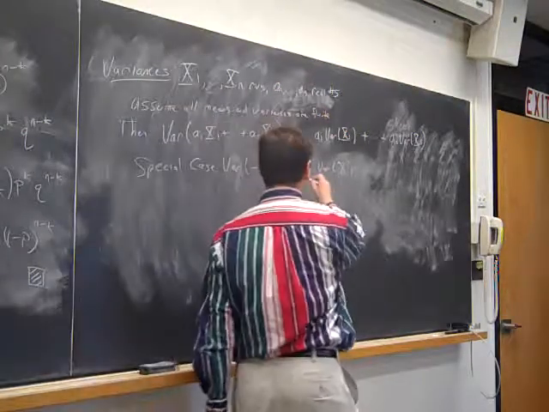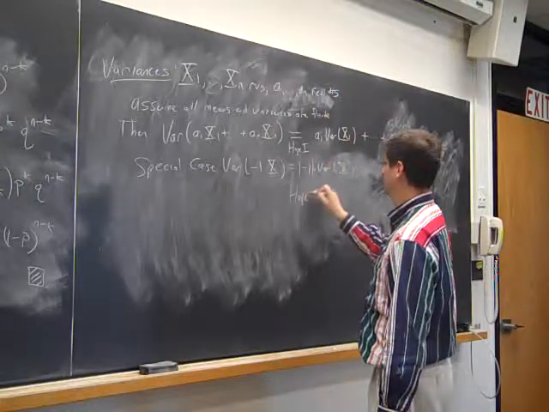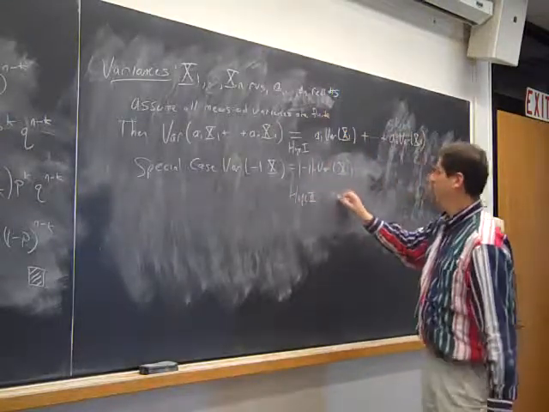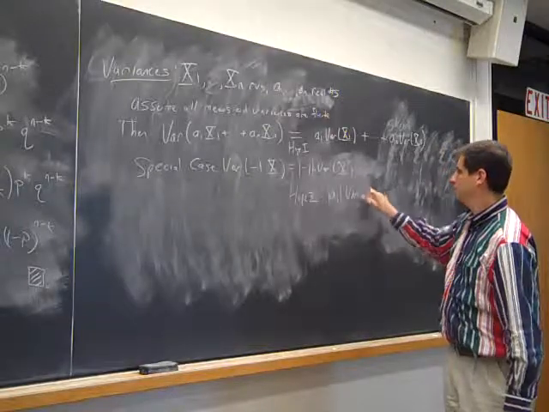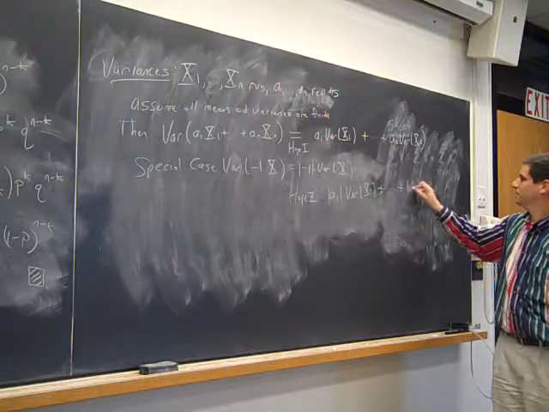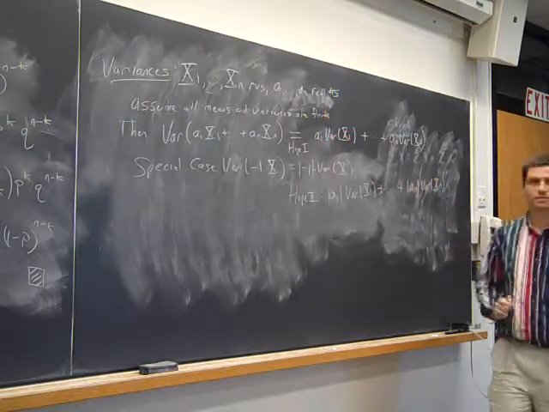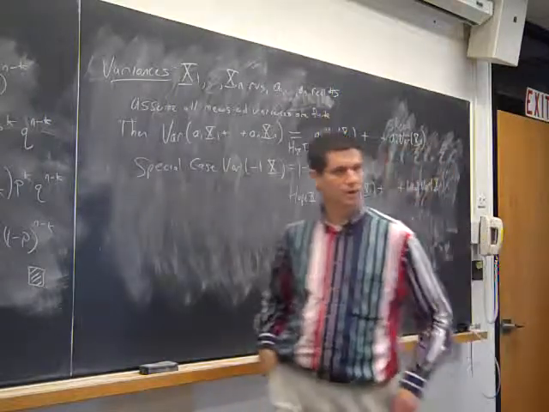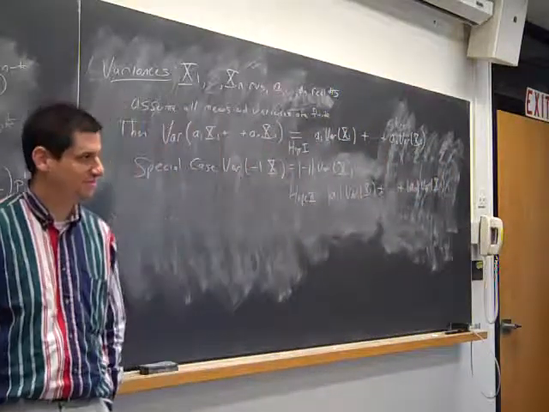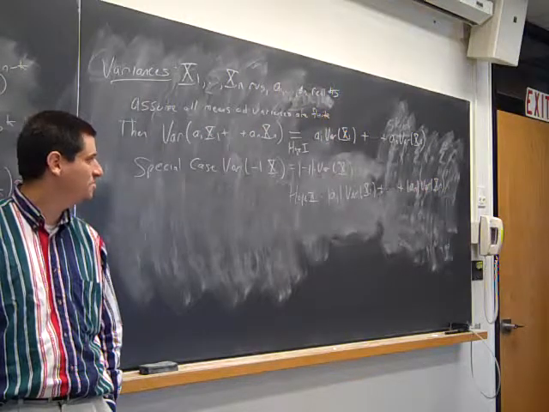Absolute values. So if we put in absolute values, this would now become hope 2. Absolute value of a1 variance of X1 plus absolute value of an variance of Xn. Now at least it will be non-negative. I claim, however, that this can't be right either.